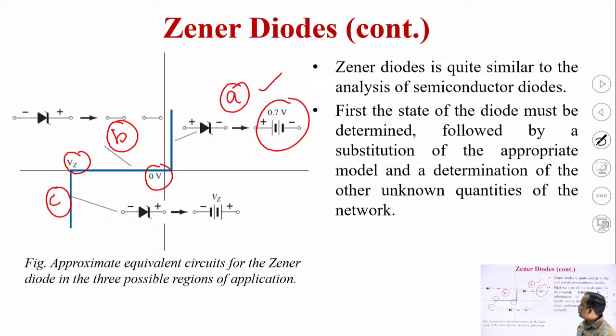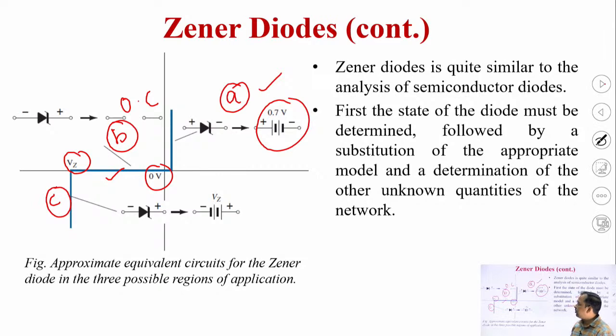But between 0 and Vz voltage, the current is 0. We approximate that the minority carrier current is very small and assume it to be 0, so the diode can be replaced by an open circuit. So this is the B region.